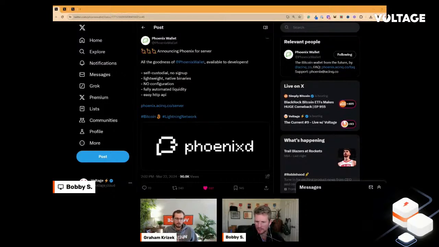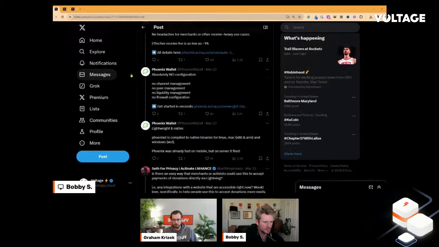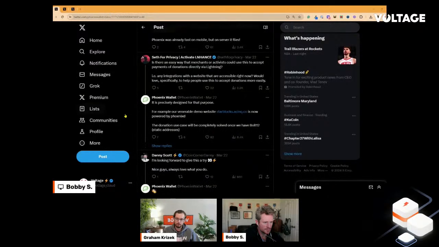And since they own both sides, the receiver as well as their LSP, they can do a lot of more unique things. Based on those unique things, it can offer an experience that is pretty good. I think they're bringing this into different areas, which is cool. It'll be cool to see how this plays out and how people use it, given the popularity of their mobile wallet.